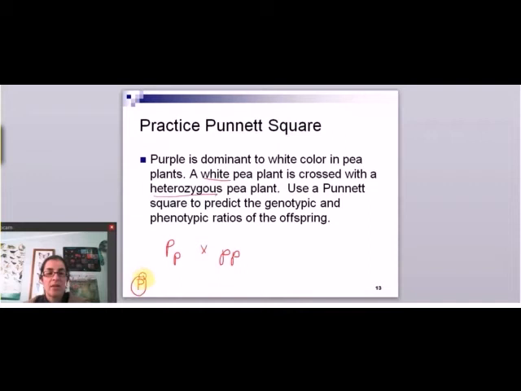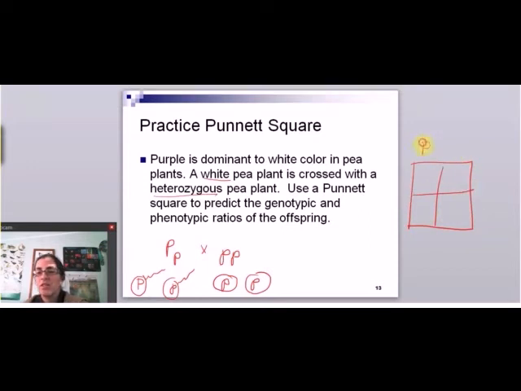This one can make a sperm with a big P or a sperm with a little p. And if this is the female, she can only make eggs that have little p. So now I set up my Punnett square. And again, put my sperm up here, and my eggs here. Combine them here for what my offspring would be.